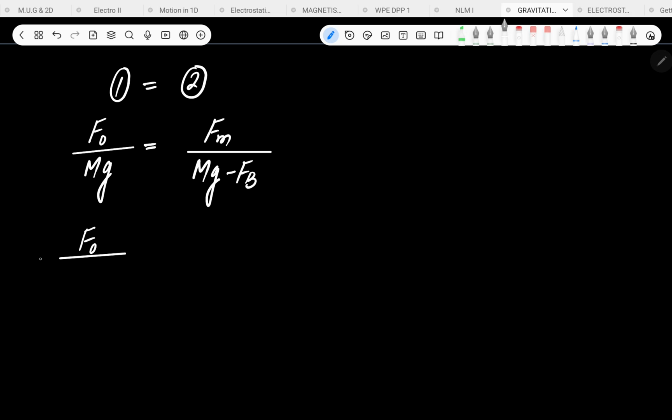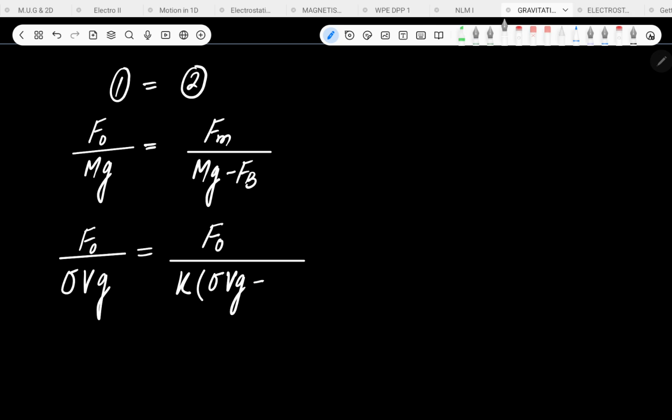So instead of mass I will write sigma into V into g, because it is given in the question that sigma is the density of the two spheres. Fm will be replaced by F naught divided by K. What is this K? The dielectric constant, which we are supposed to calculate, multiplied by instead of mg, what will I write? Sigma V g minus the buoyant force. What is the equation of the buoyant force? That is rho V g. Okay, all right.